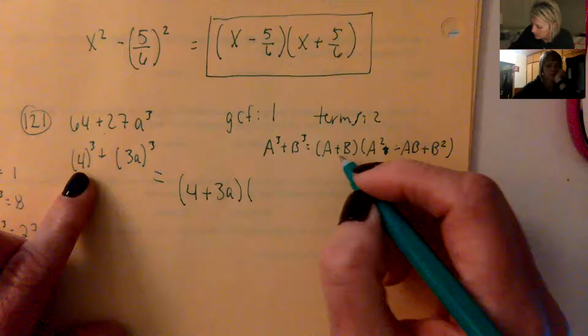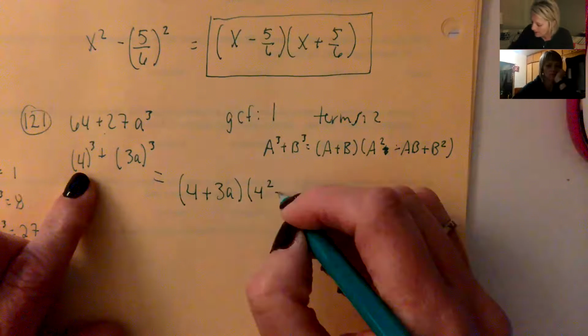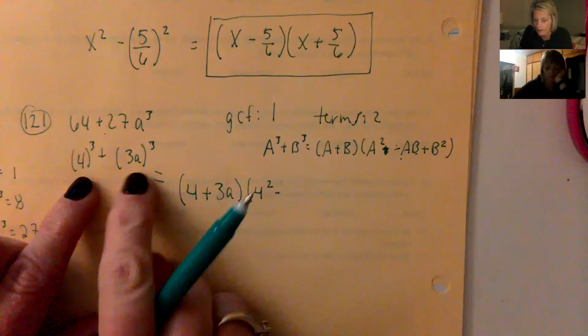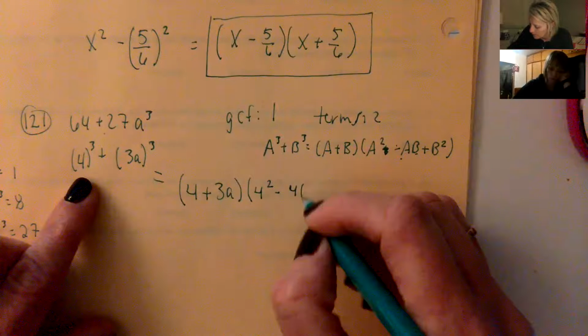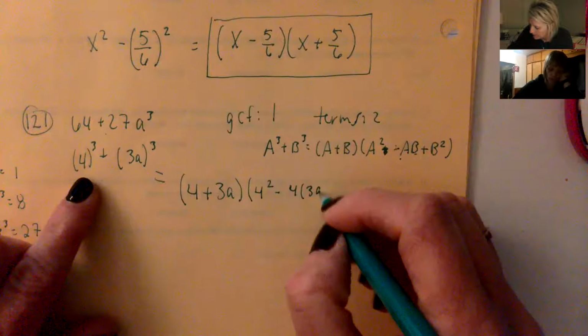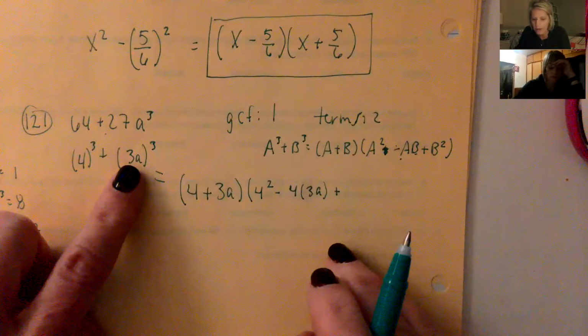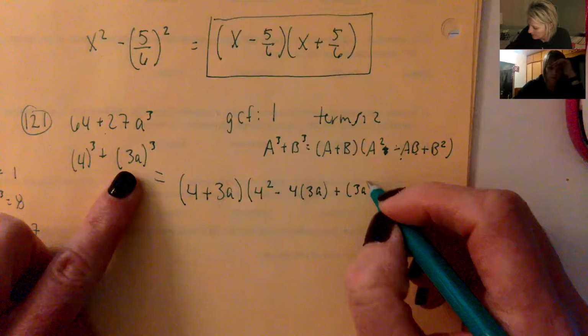So our A squared is going to be 4 squared, minus the A times the B. I'm sorry, our 2 somethings multiplied. So 4 times 3A, plus our second thing squared. So 3A squared.